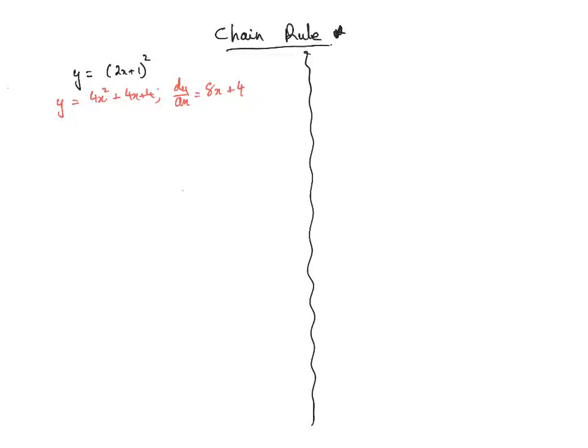What I want you to consider for the chain rule is, what if instead I rewrite my function as y equals something squared, same thing, 2x plus 1? Now consider dy/dx is equal to the power, differentiate like we normally do: 2 comes out the front, multiply the function and reduce the power by 1, so the function is 2x plus 1.